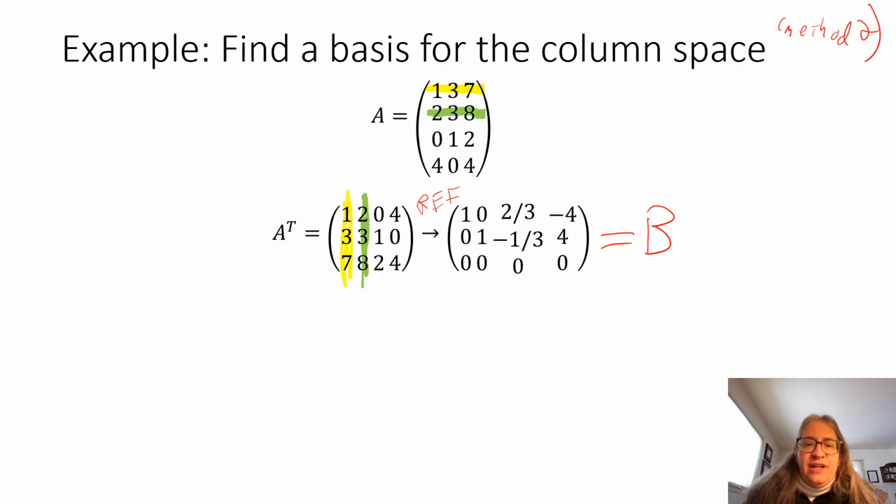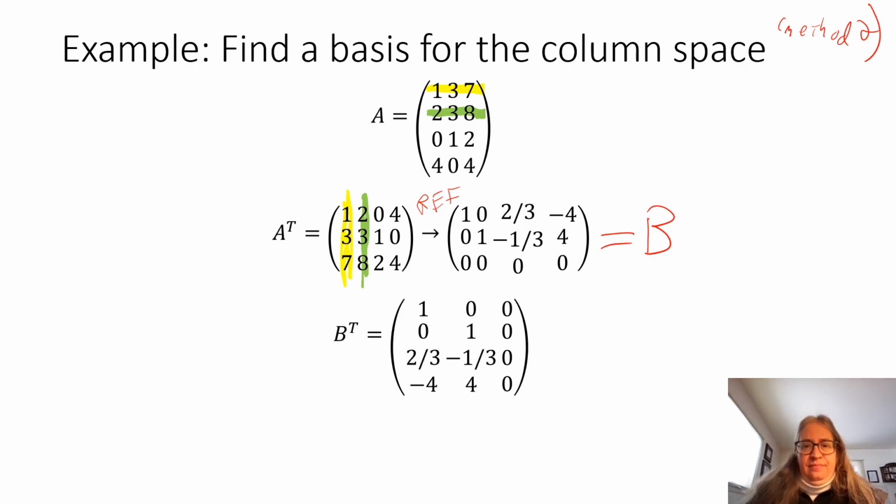Okay, and I'm going to take the transpose of B. Same idea as before when I was transposing. The first row becomes my first column.